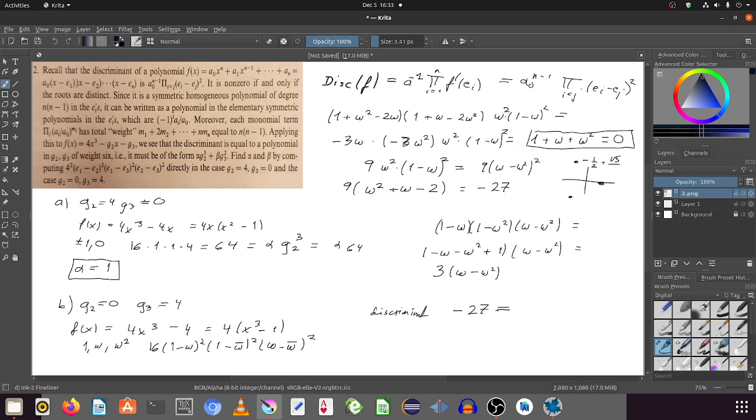And that should be equal to G3 times, G2 vanishes, so beta G3 squared. And G3 equaled 4, so it's beta times 16.